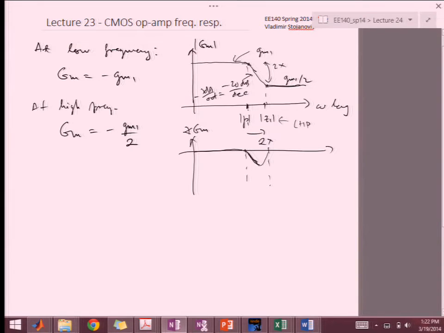We know that when you're past the pole, your phase is down by 90 degrees. When you're past the left half plane zero, your phase is up by 90 degrees. Right? So you just start coming down because of the pole, and then you come back up because of the zero. And the depth of this dip is something like minus 20 degrees. Okay.